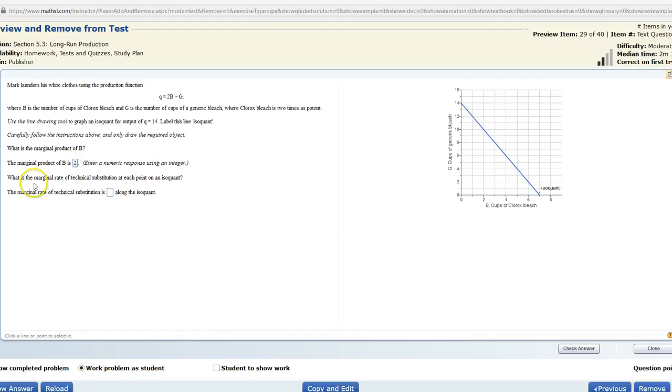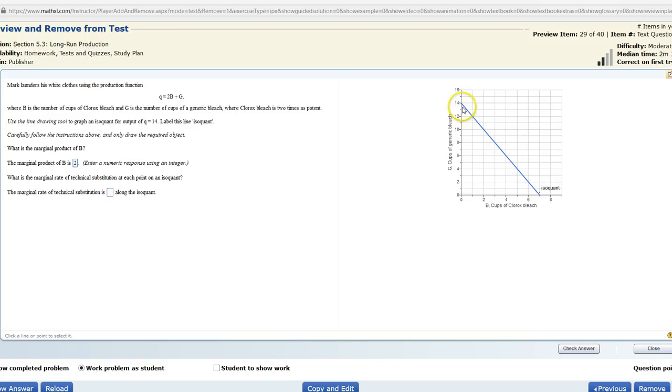And the final part of this question is, what is the marginal rate of technical substitution at each point on an isoquant? The marginal rate of technical substitution is simply the slope of the isoquant, because in this case the isoquant is a straight line. The slope at each point on this line is constant, and that is relatively easy to calculate.